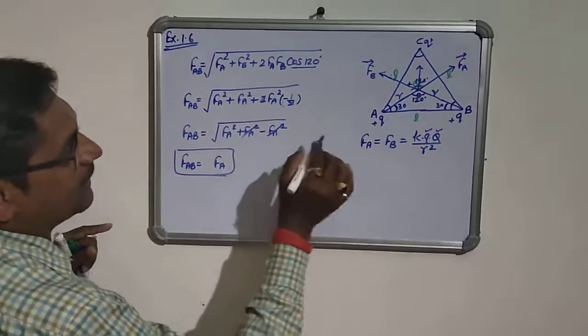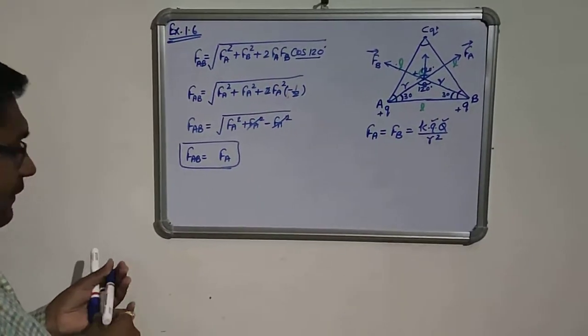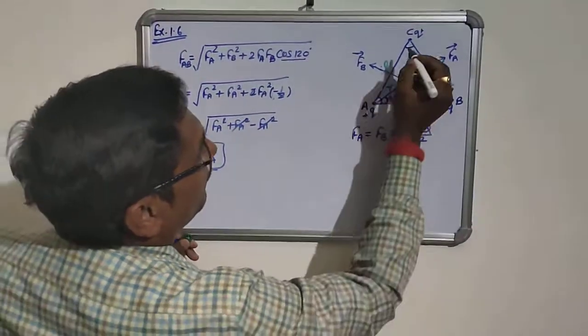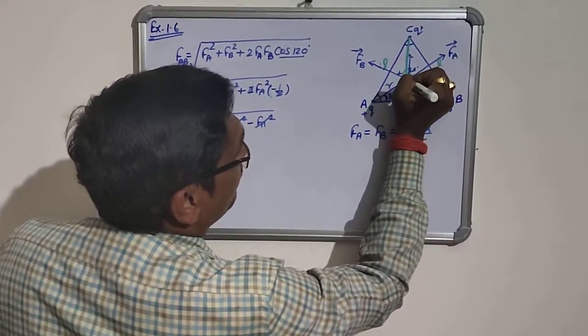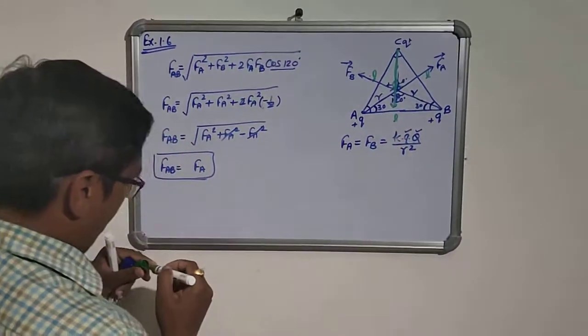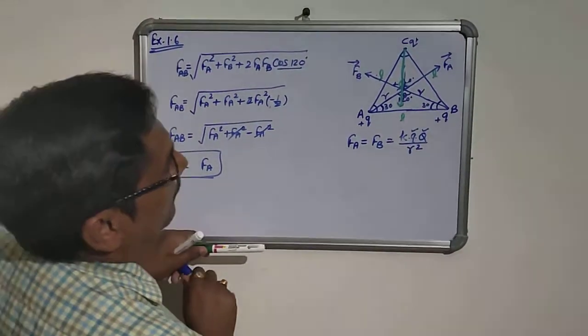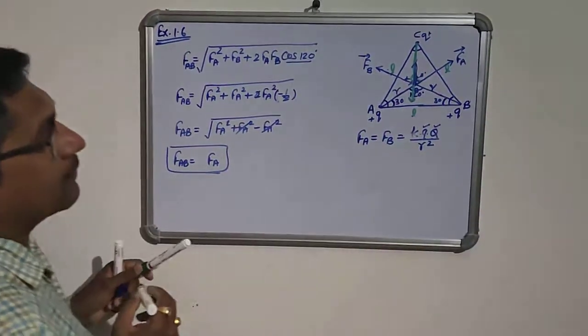Okay. Now the next condition is the force applied by the charge which is situated at C, which is applied along this direction, right? And this force is acting in this direction.